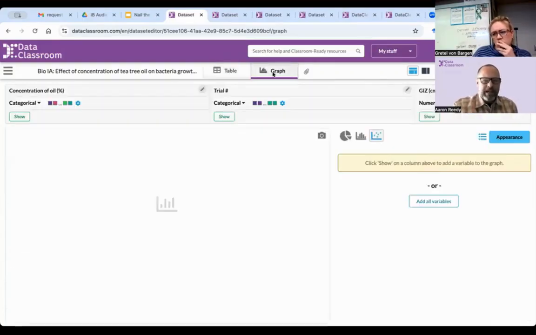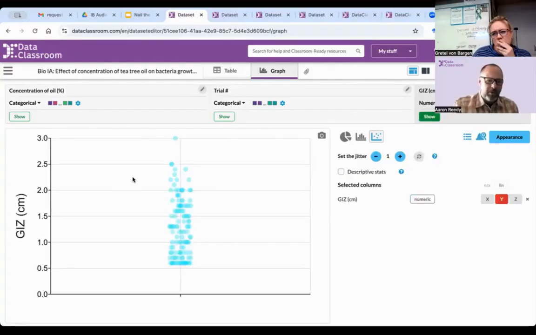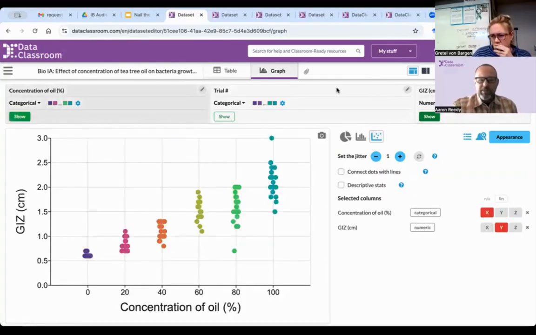So looking at the graph, if we've got the concentration of oil as a treatment variable, this is the analysis we're going to do. So I plot growth inhibition zone. We see one data point for every measurement. And then I'm going to add concentration of oil, and we split that up.